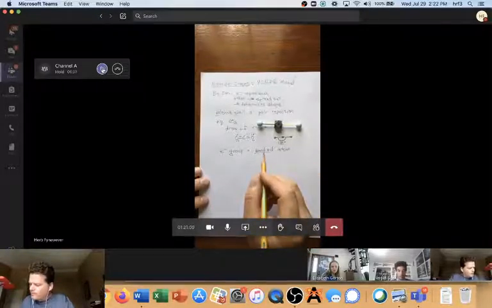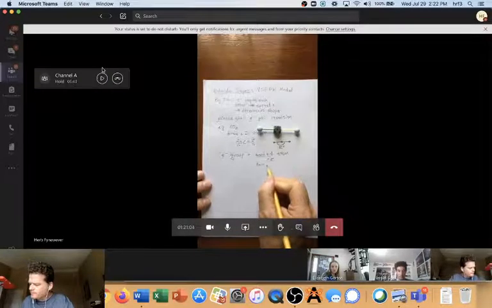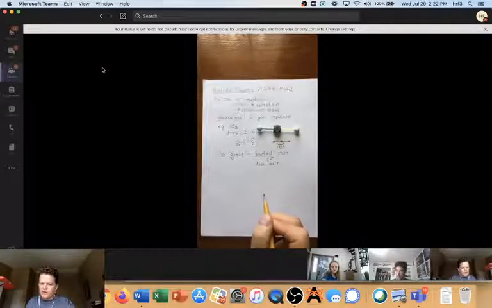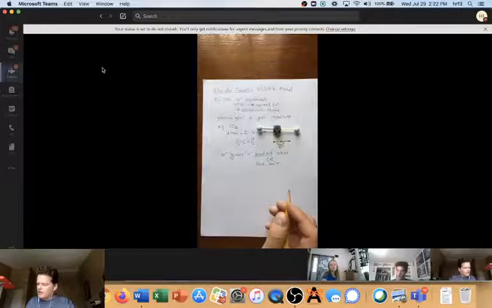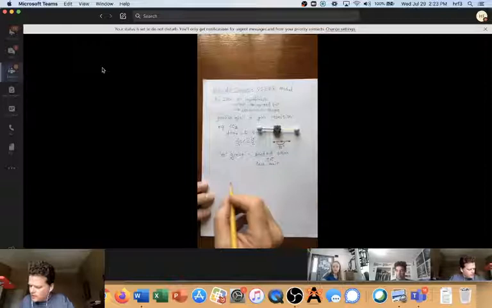Or it could be a lone pair. A lone pair is also a pair of electrons that need their own space, and they're going to repel the other electrons. So let's look at a couple of examples.